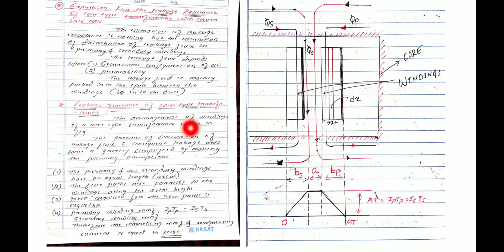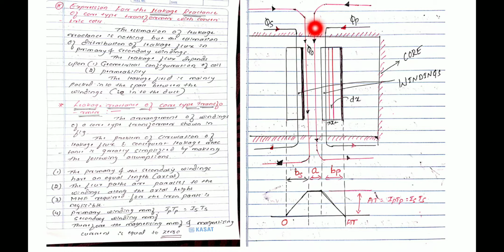See here, the arrangement of the windings of a core type transformer is shown in this figure. After this, the problem of circulation of the leakage flux and the consequent leakage reactance is going to be greatly simplified. So how the leakage flux circulates in the primary, the secondary, as well as the duct portion can be calculated.